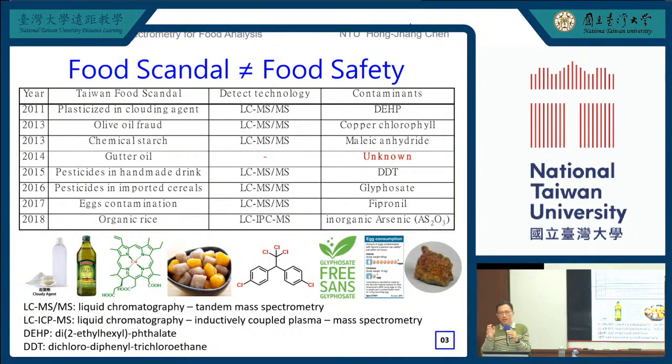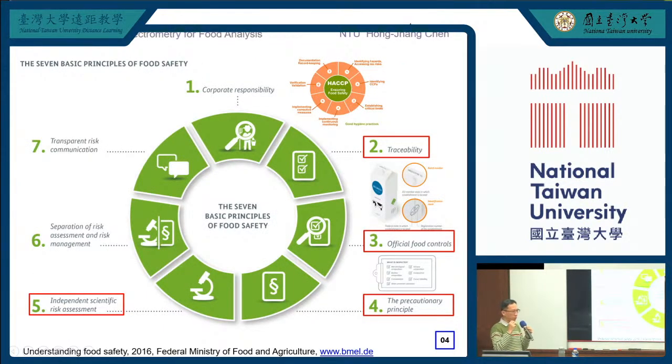It just focuses on the contaminants, which may remind us what we need to focus on. So if we want to use a single technique to ensure food safety, it's not the truth, okay?